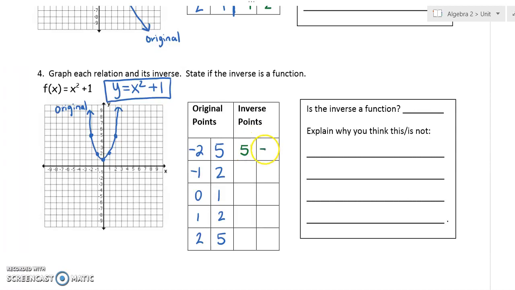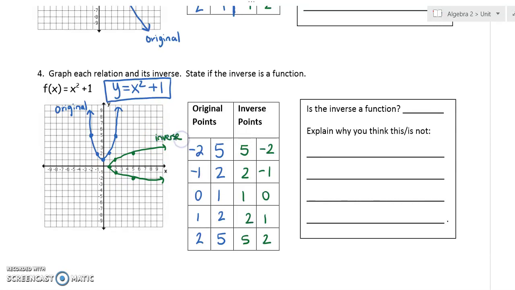So the inverse points would be 5, -2, 2, -1, 1, 0, 2, 1, and 5, 2. All of these points, x's and y's switched. And now we're going to plot that 5, -2, 2, -1, 1, 0, 2, up 1, and 5 up 2. And here's what our inverse looks like.